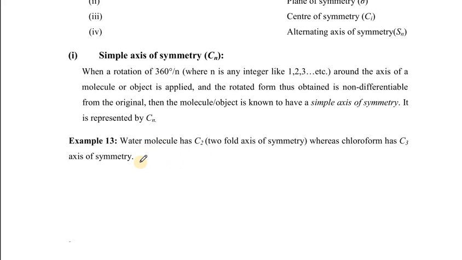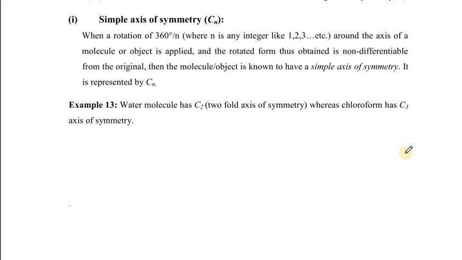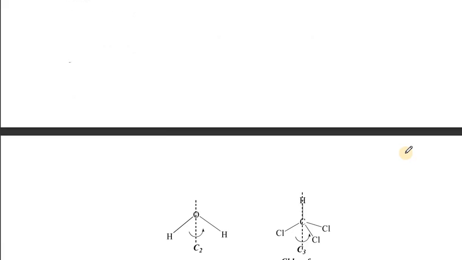For example, water has a C2, two-fold axis of symmetry, that is, the same position is repeated twice when the molecule is rotated by 360 degrees. And chloroform has a C3 axis of symmetry, that is, when it is rotated by 360 degrees, the same position of atoms appears thrice.